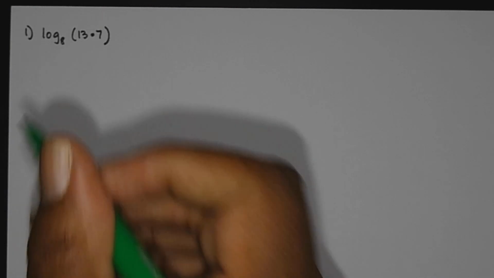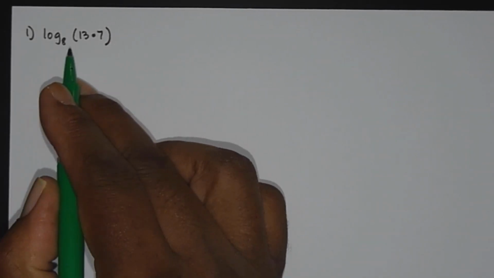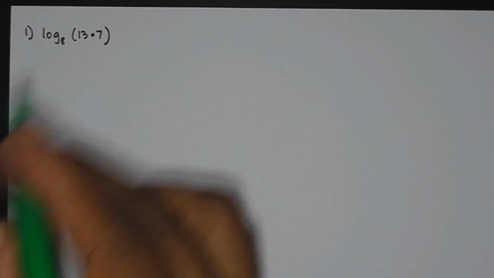So in this case here, if we have the log of a product, then what rule can I use here? The product rule. This is 13 times 7 with the log to the base 8. That means I have to expand using the product rule by writing it as the sum of the individual logarithms.